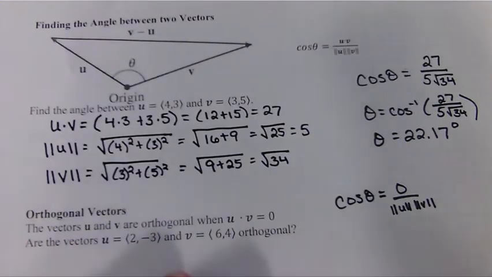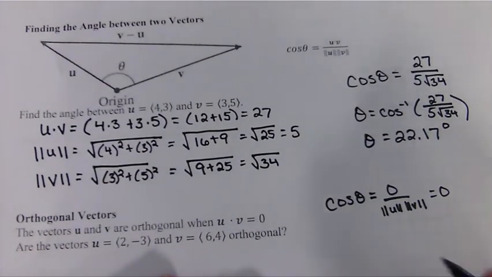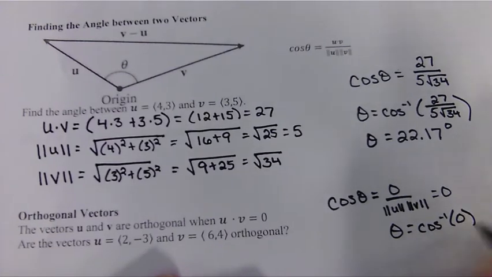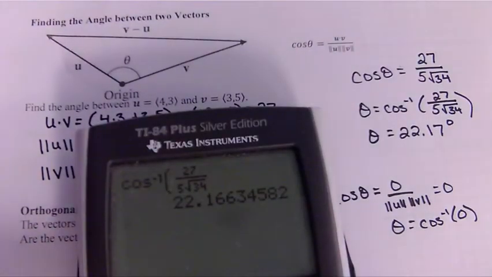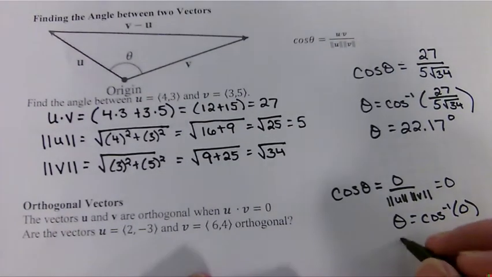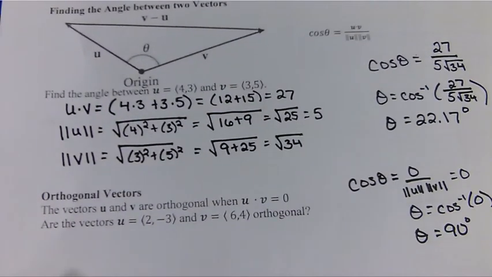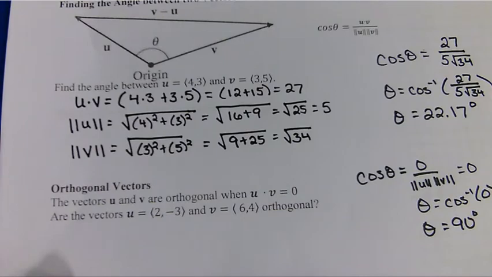Where 0 divided by anything is still 0. And the inverse cosine of 0 is 90. So orthogonal means they're perpendicular.